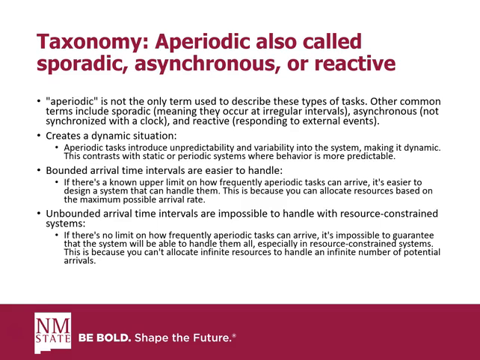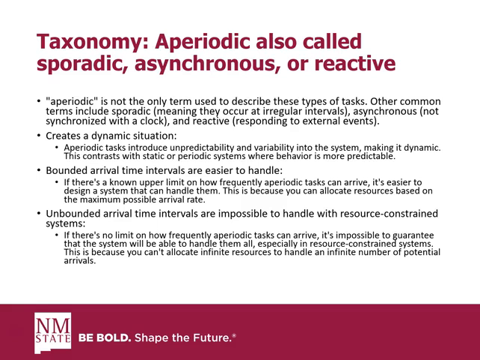However, bounded arrival time intervals are easier to handle. Specifically, if there is a known upper limit on how frequently an aperiodic task can arrive, it's easier to design systems that can handle them. This is because you can allocate resources based on the maximum possible arrival rate.